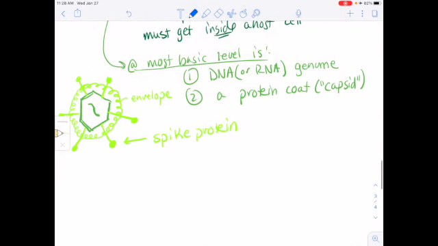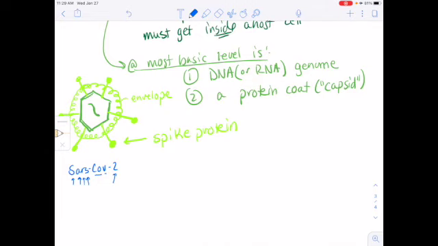And you've probably heard that it's the spike protein that is like the key that gets this virus, SARS-CoV-2, into your cells. So let me write down that this is SARS-CoV-2. It stands for severe acute respiratory syndrome coronavirus number 2.